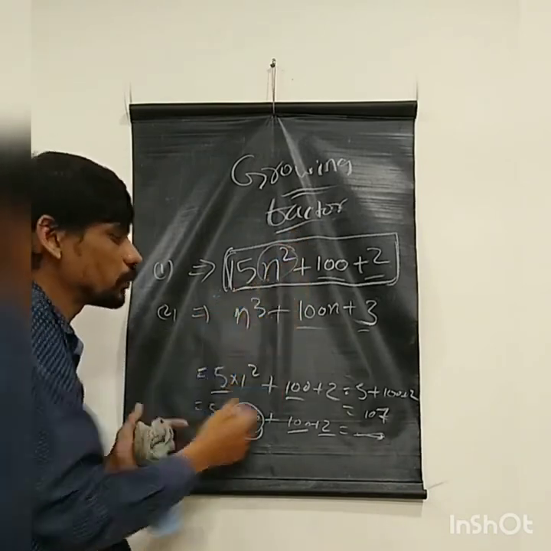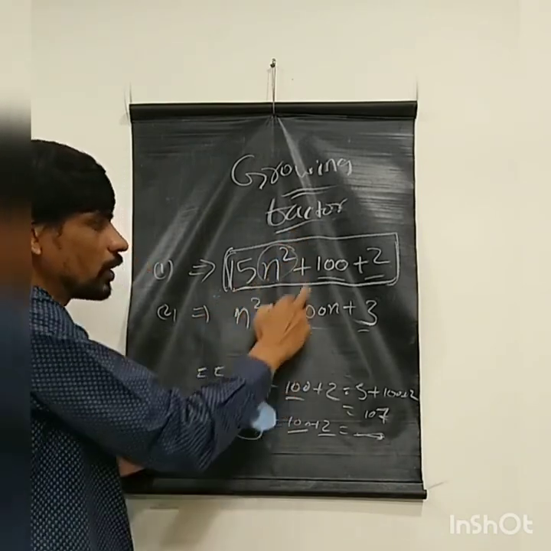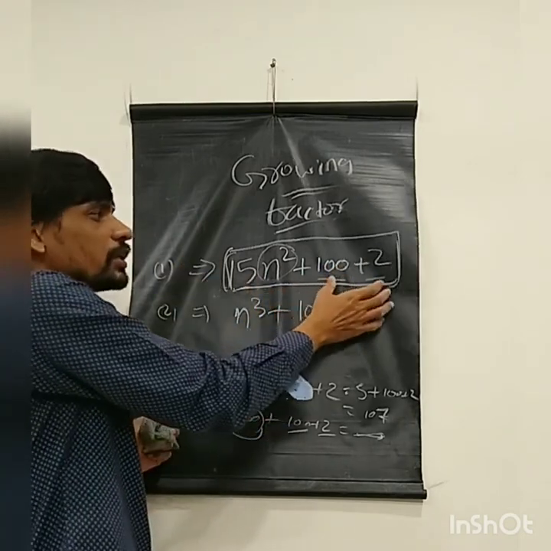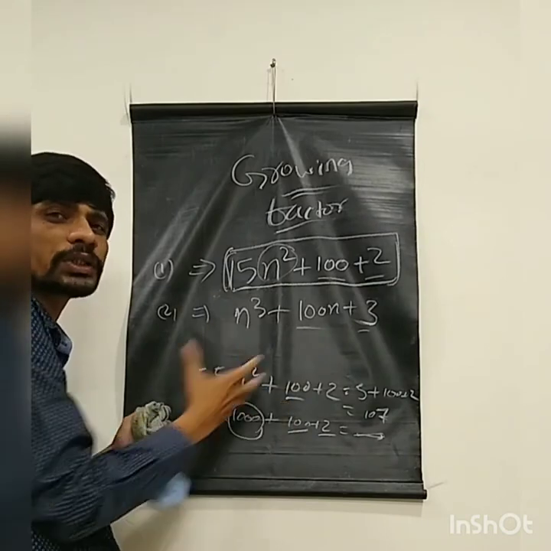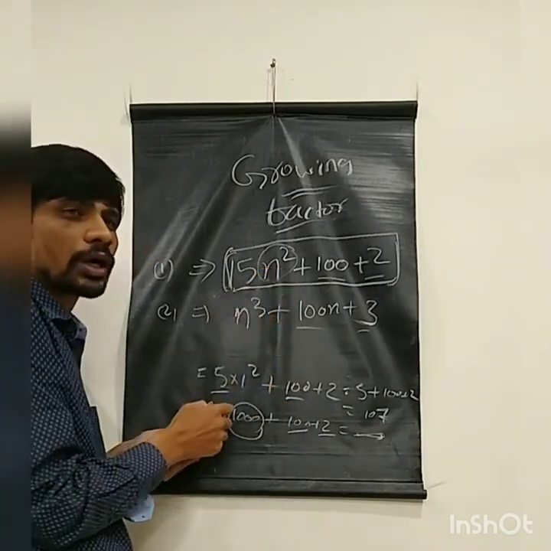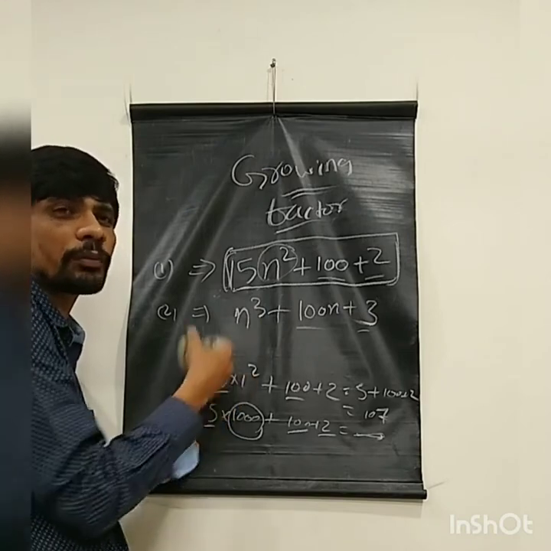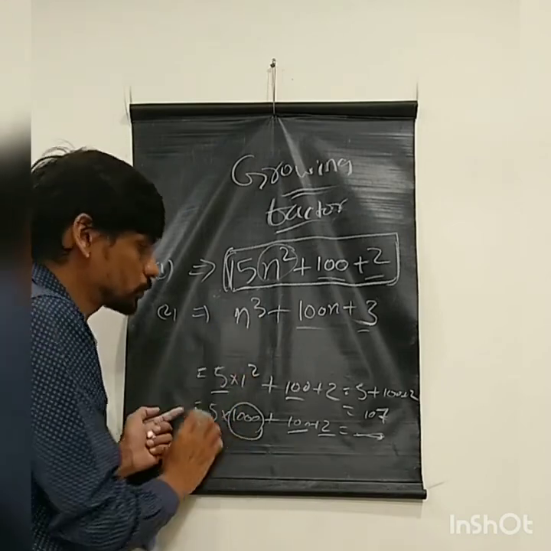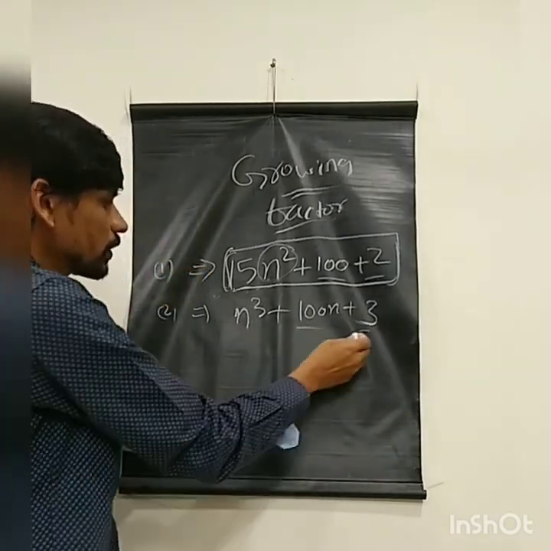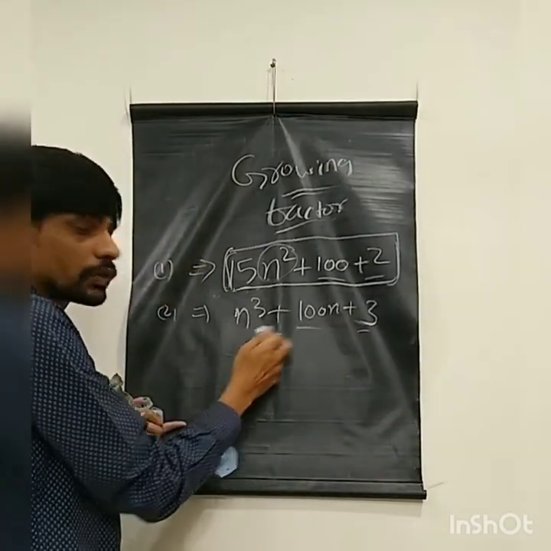So that's the reason we feel these are insignificant while calculating the complexity of an algorithm when our n increases. So now let's identify what the growing factor is for this.